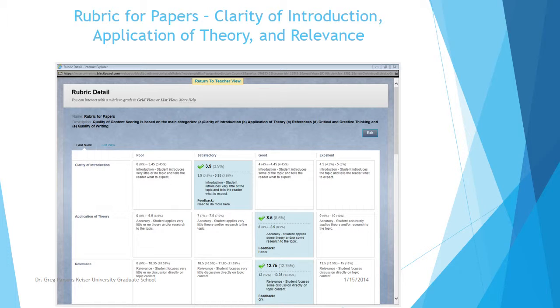The second criterion here is the application of theory, and again this should be useful because it describes what sort of levels of application of the theory in your paper is being exhibited. The third criterion is relevance, and again the explanation of what relevance means and what you need to do to be able to achieve that.